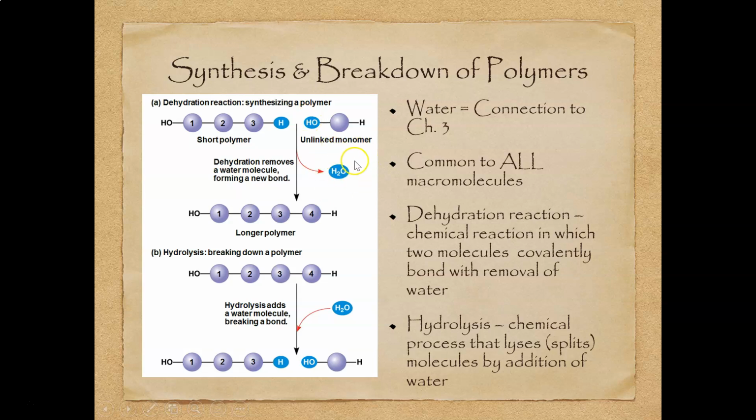An OH group comes off one monomer, hydrogen comes off another, water goes off somewhere else. And we now have a blank bond on either of these ends of the chain, so we can link them together and create a longer polymer. So we're literally dehydrating those monomers in order to create a bigger polymer.